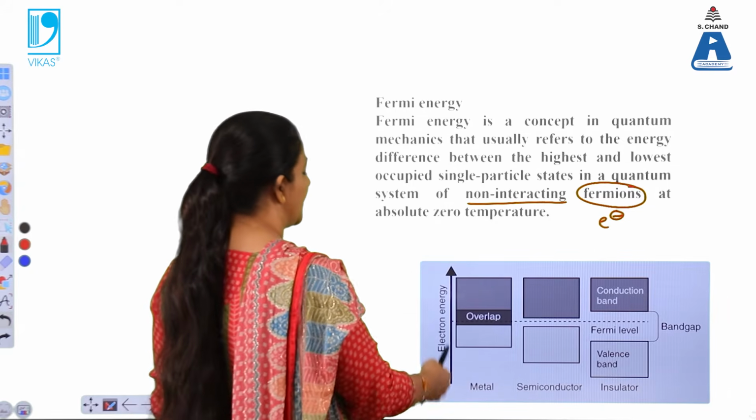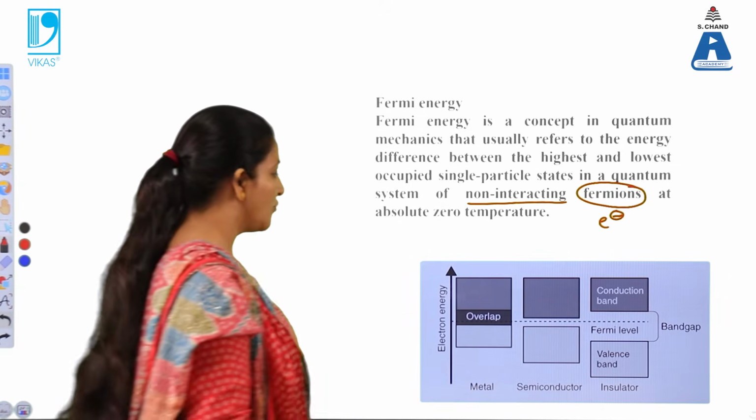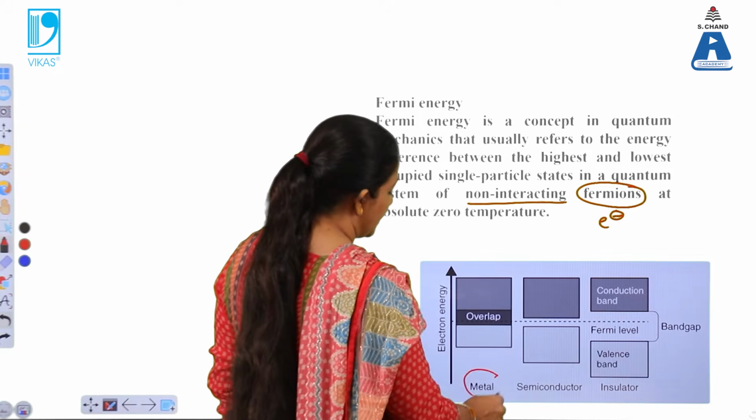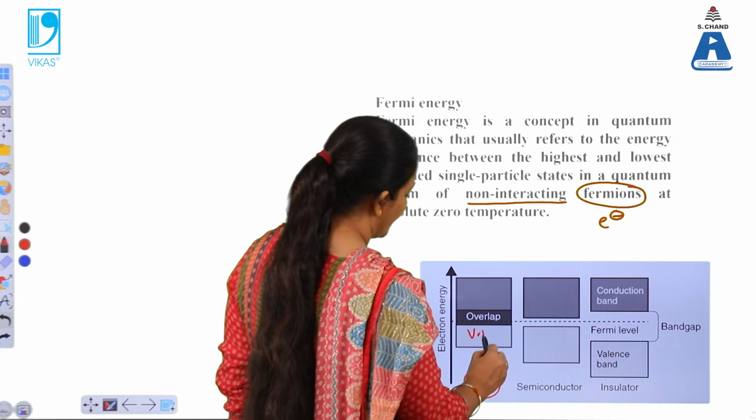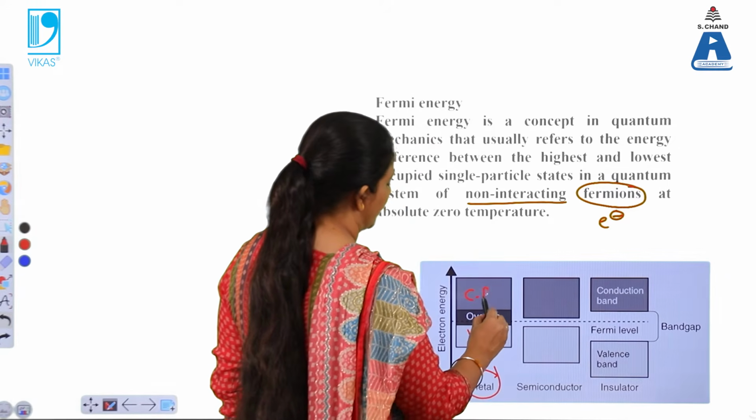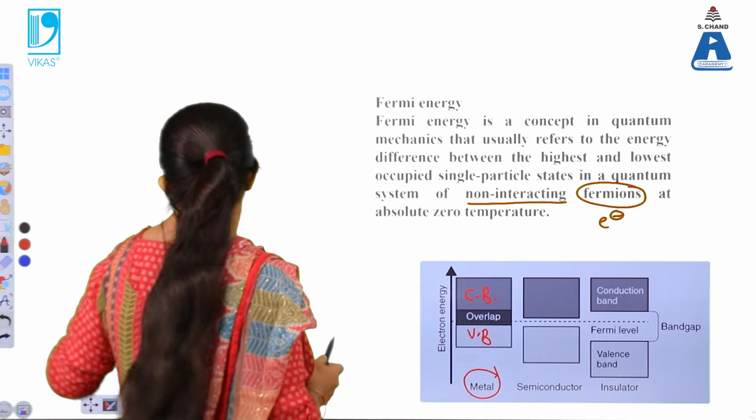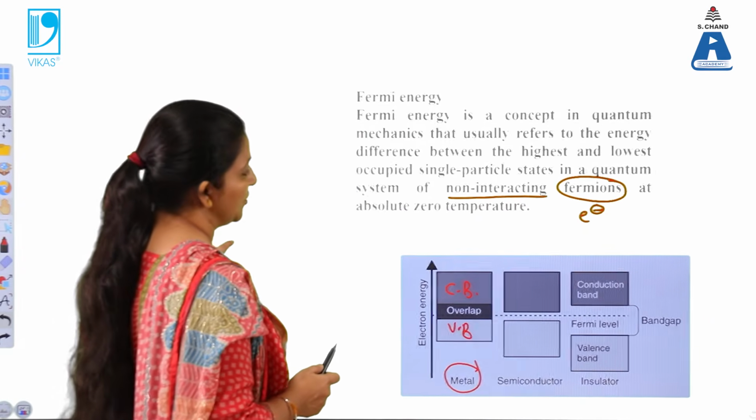Now Fermi energy can be plotted along the y-axis. In the case of metals, the valence band and the conduction band overlap with each other.